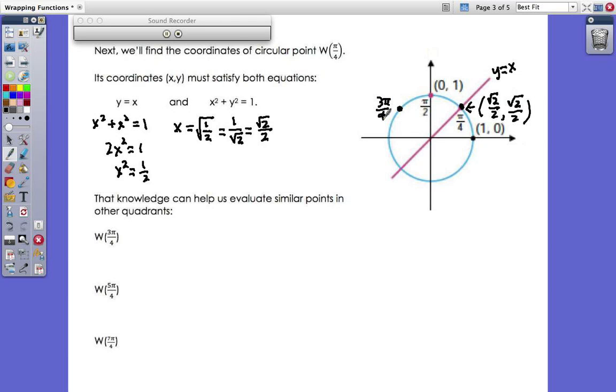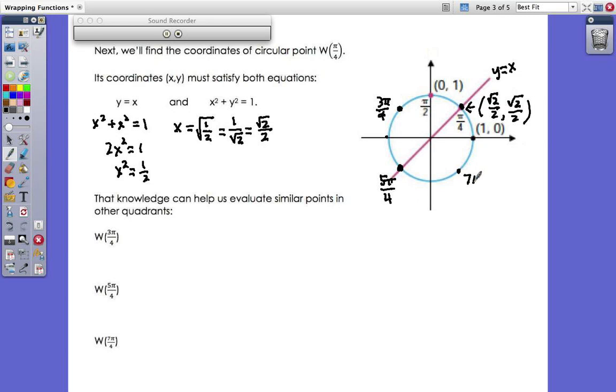And 5 pi over 4, if I think about moving around the circle in the same units: 1 pi over 4, 2 pi over 4, which reduces to pi over 2, 3 pi over 4, 4 pi over 4, which is pi, 5 pi over 4. This is in quadrant 3. And 7 pi over 4, of course, would be 6 pi over 4, 7 pi over 4 here in quadrant 4.